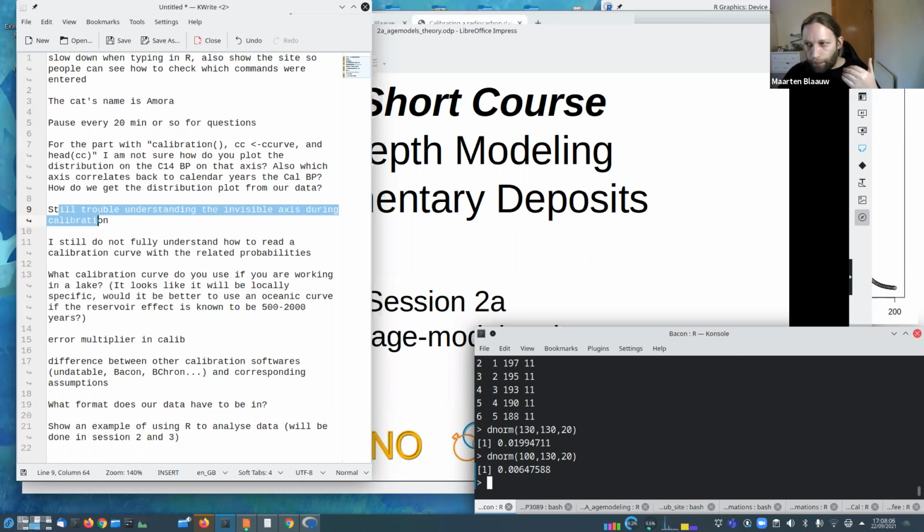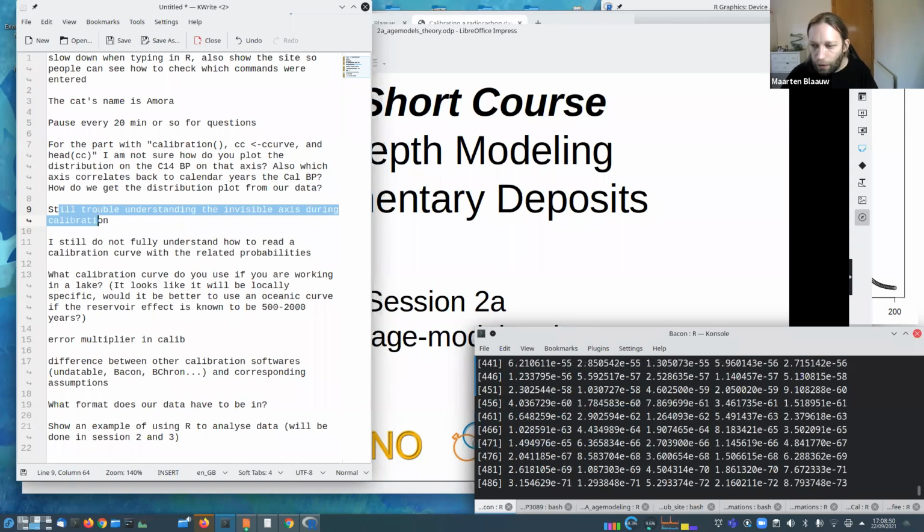We can also ask that question for many values of dnorm. For example, if we have a value x, which starts at 1, then 2, 3, 4, 5, 6, all the way up to 500, then we can ask to give us the dnorm, the normal distribution probabilities, for each of those values of x.